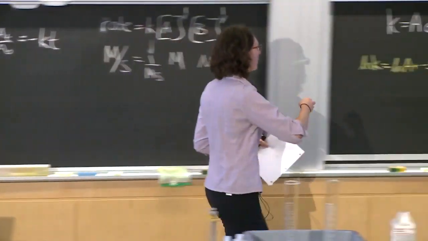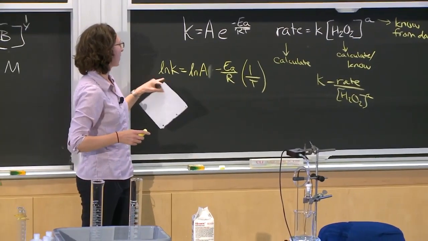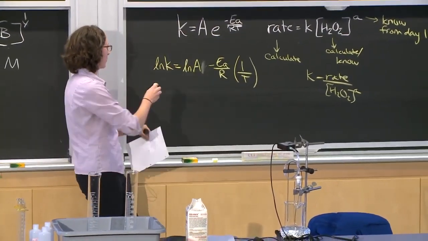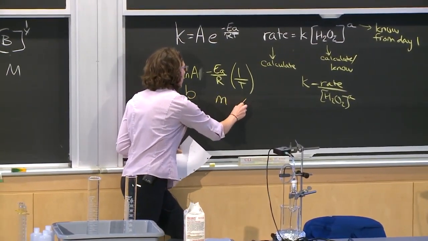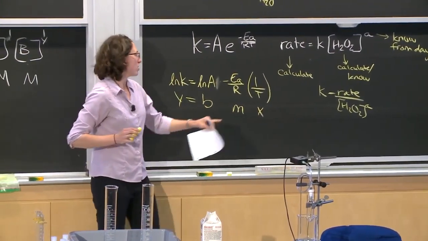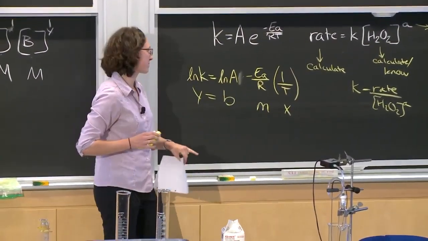Nope. No plus sign here. All right, so this is your linear form of this equation. So we have, again, y equals b x. So if we do our reaction at different temperatures, then we will know the temperature of our reaction.